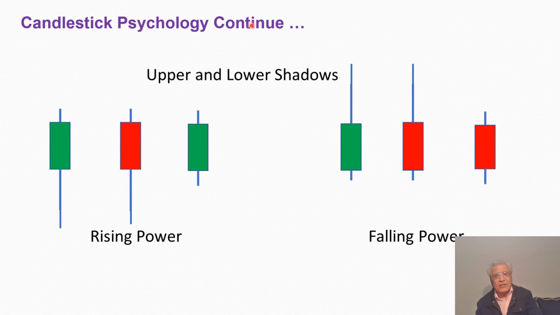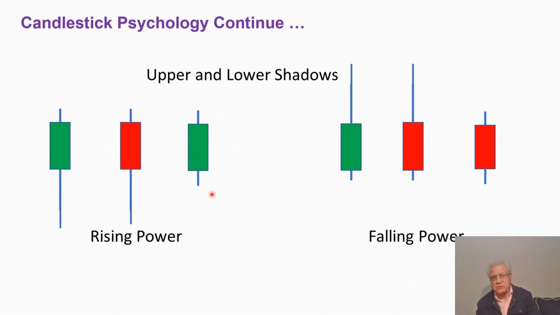Now candlestick psychology continues. In this graph, we have two sets of candles. These three indicate rising power, and these three indicate falling power. All of them have upper and lower shadows. This one is a bullish candle. That's a rising power by itself.